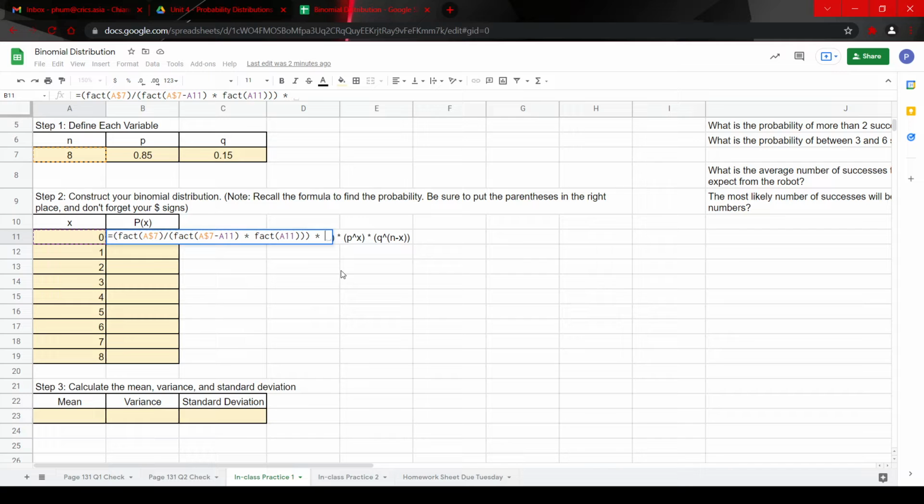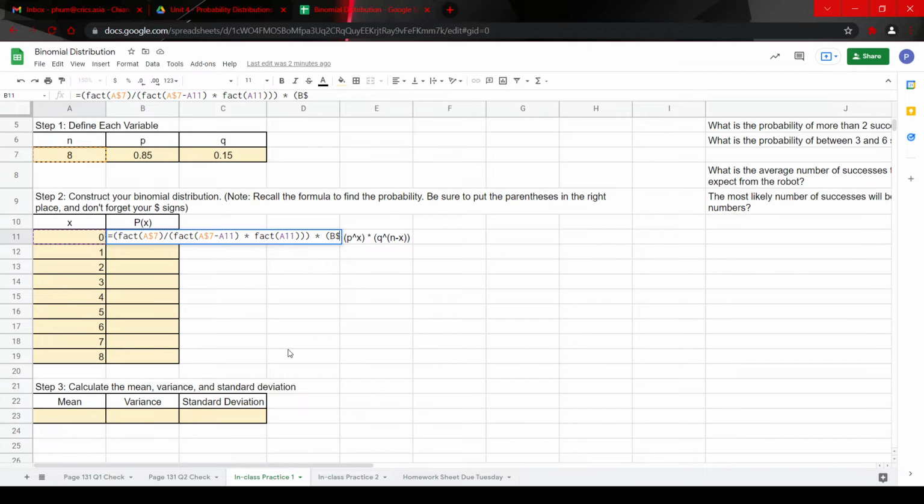So one way to check this is the small blue number here should be equal to 1 if you are starting at 0. This is a good way to just check that you are doing your division correctly. Next up, our P is in B7. Again, I don't want this to move.